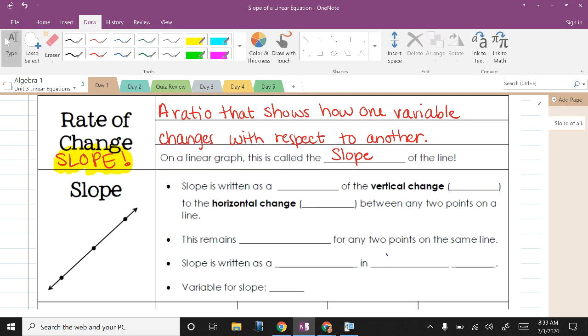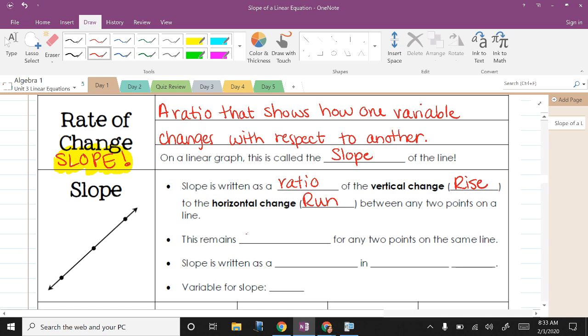All right, slope is written as a ratio. What's another word for ratio? Starts with an F. Y'all don't like them very much. Fraction, yeah. Slope is written as a ratio of the vertical change, which is the rise, to the horizontal change, which is the run, between any 2 points on a line.